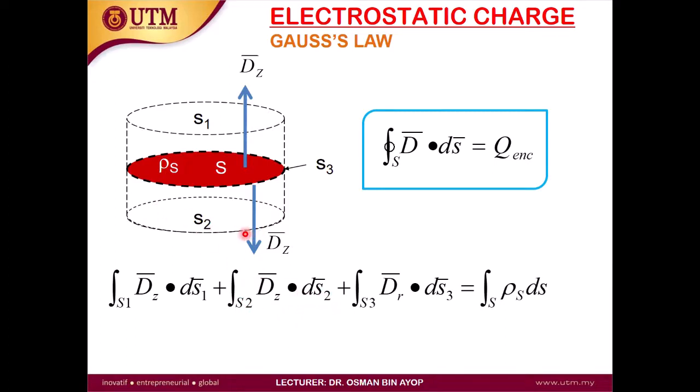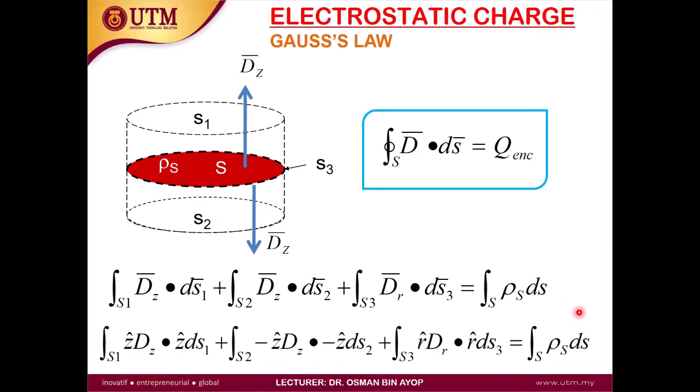And we have S3 around the cylinder. We have Dr because our D is in the r direction going out, and then we have dS3 on the side. This is equal to Q enclosed, which in this case is the integration of the surface charge, rho s dS.